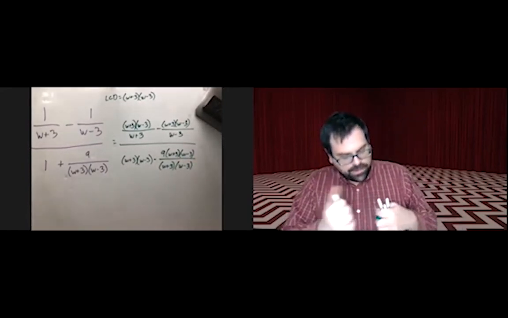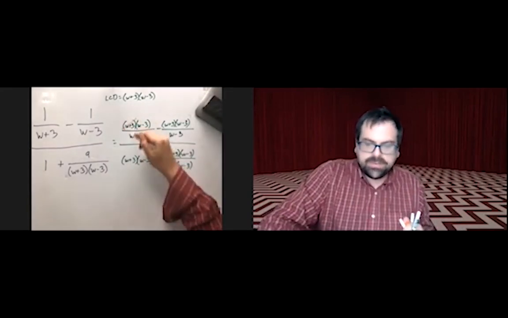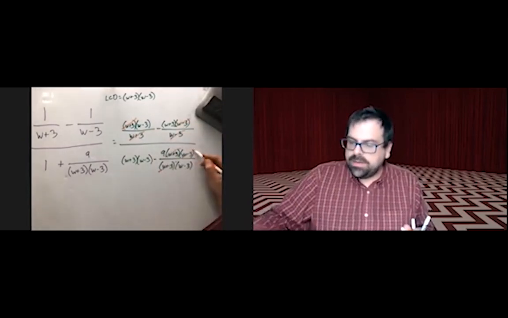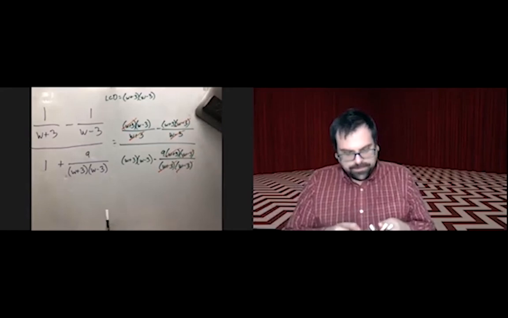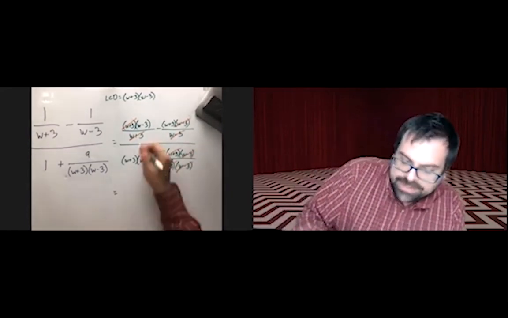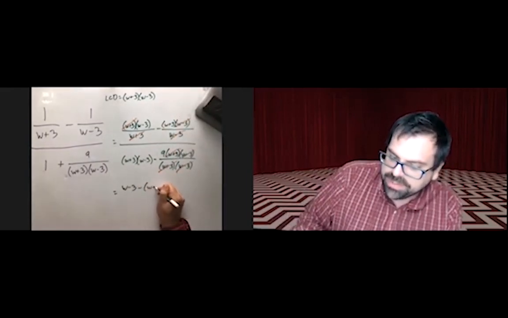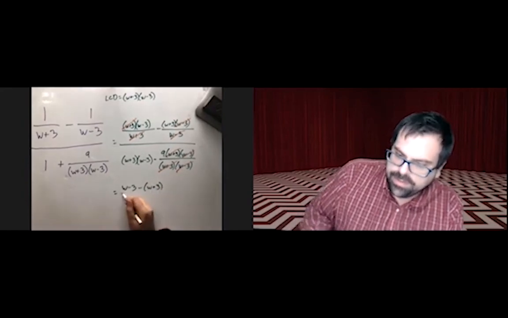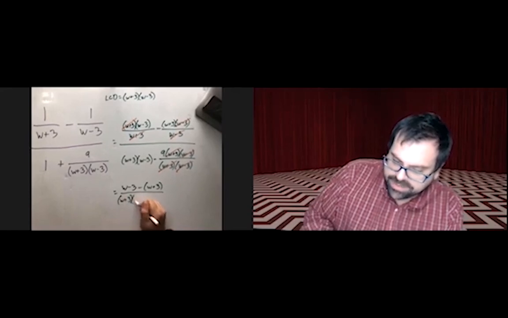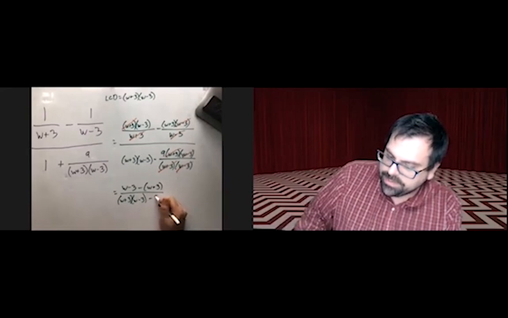Things cancel. W plus 3 is here. W minus 3 is there. Both of them there. This gives us W minus 3 minus the entire W plus 3 over W plus 3 times W minus 3 minus 9.